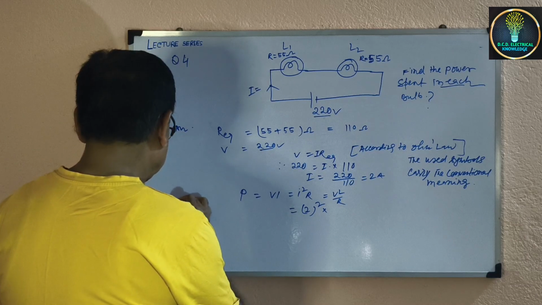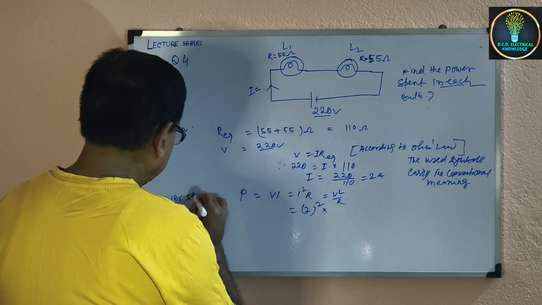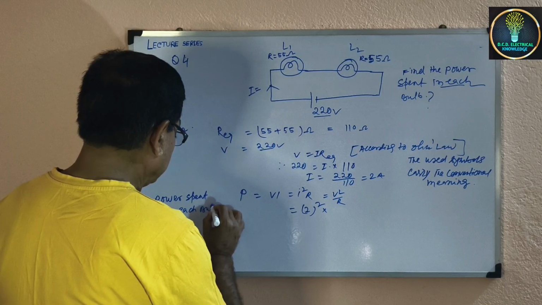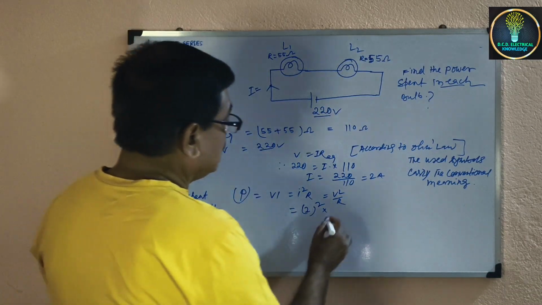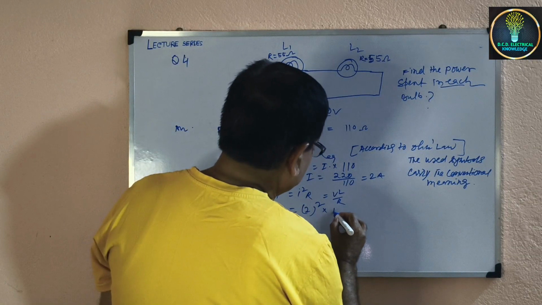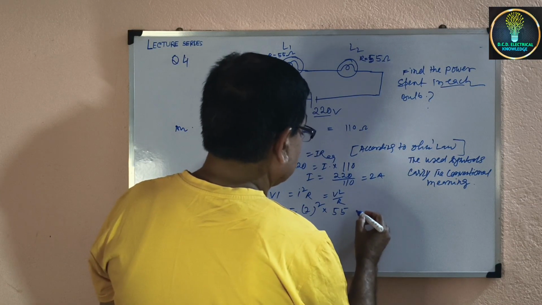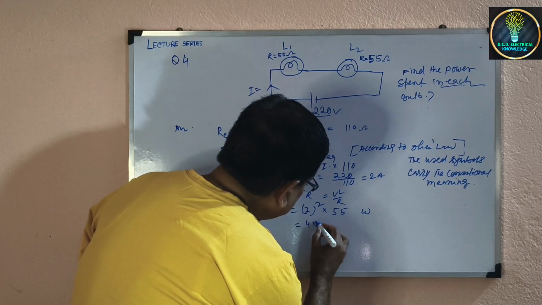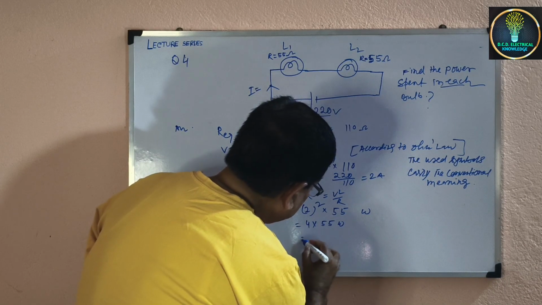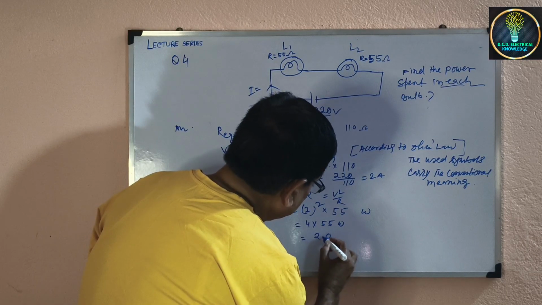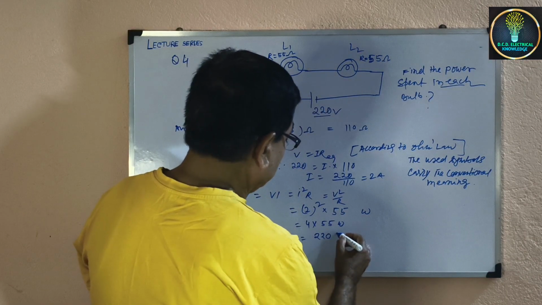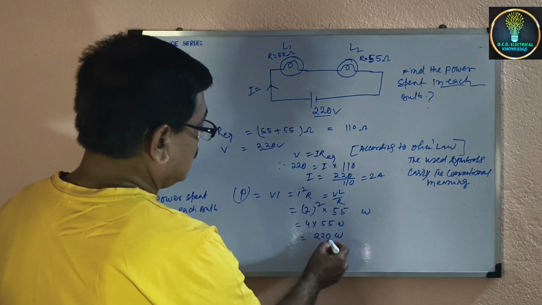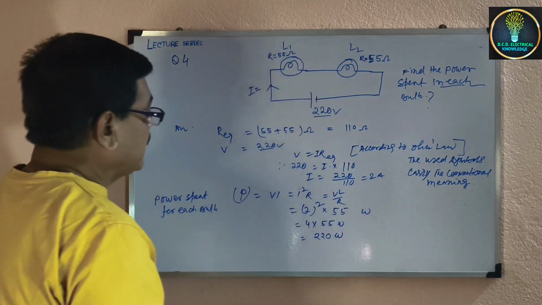So power spent for each bulb, P is equal to 2 square multiplied by 55, that is 4 multiplied by 55 watt, that is 220 watt.